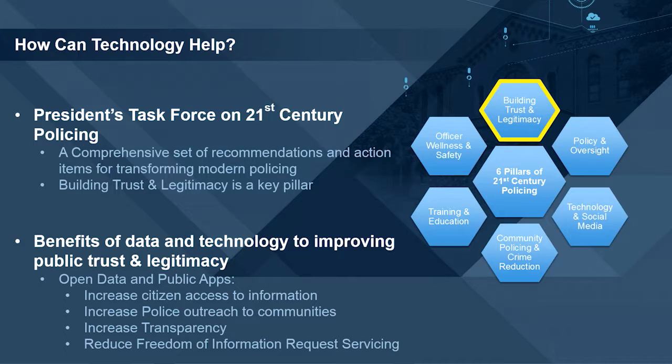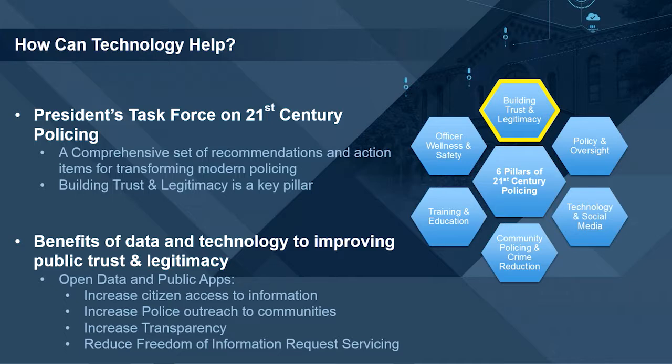The final report was released in May 2015 and included the 6 pillars of 21st century policing. The first is officer wellness and safety, training and education, community policing and crime reduction, technology and social media, policy and oversight, and the final one is building trust and legitimacy.